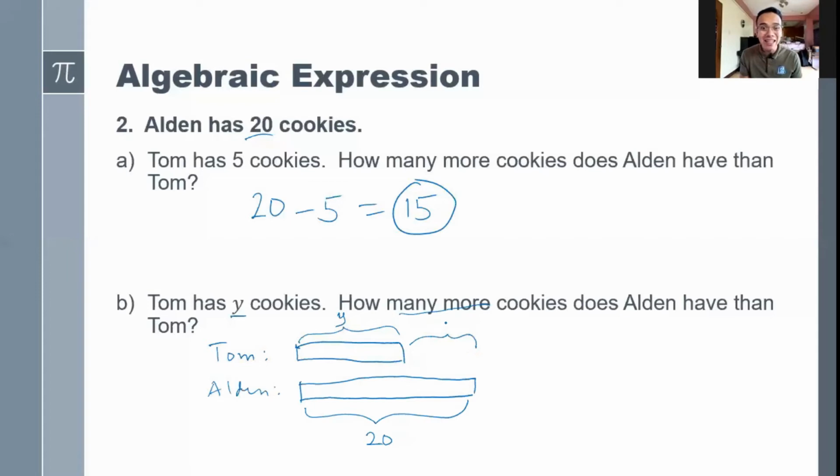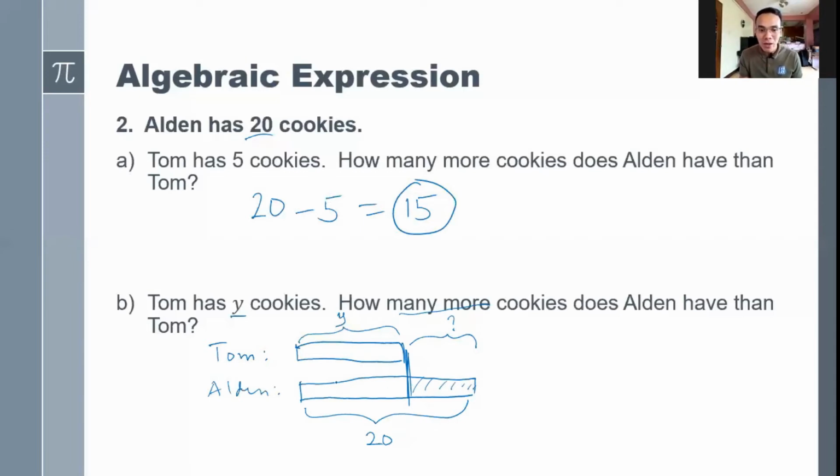This is the difference. This is the question mark. Did you get that? Up to this point, both of them, Tom and Alden, have the same number of cookies. So this is the excess. This is what we want to look for.